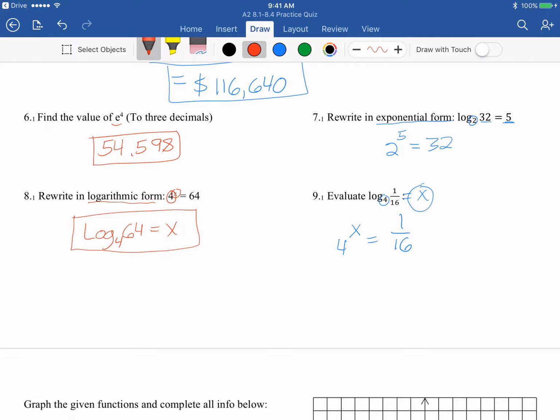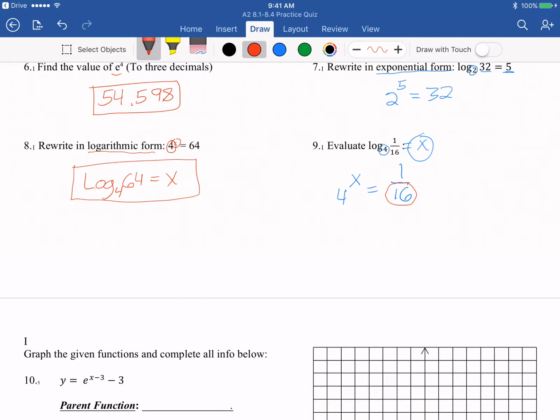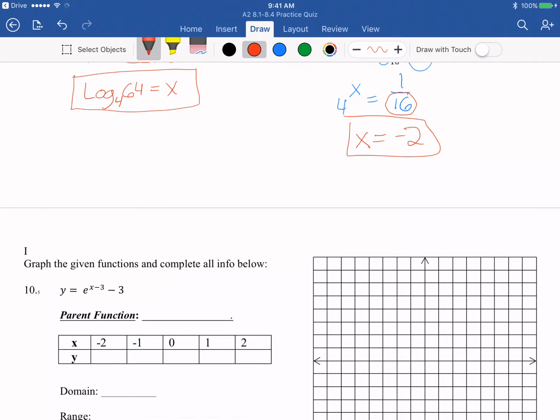I like to ask myself, 4 to what power gives me 16? I know that 4 to the 2nd power gives me 16, so x equals 2, but since this is a fraction, that turns into a negative because it goes to the basement and becomes 4 to the 2nd in the basement. So you should get x equals negative 2 for that one.